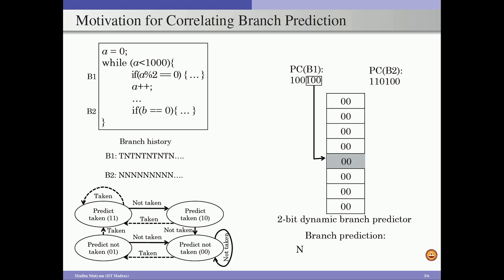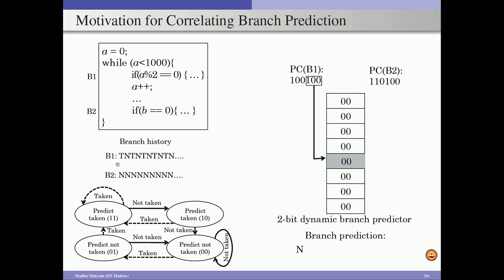So, all 8 entries are reset to 00, and now when we index this branch 1 into this table with the last 3 bits, we get 00, and 00 indicates the predict not taken state of this 4-state branch predictor, and so this specifies that the branch is not going to take place. So, we predict that B1 is not going to take place, and this is our branch prediction, but in reality the branch is taken here.